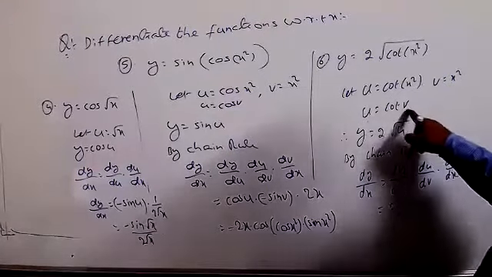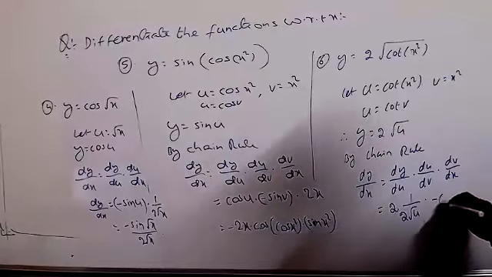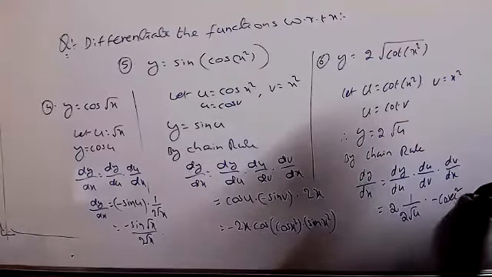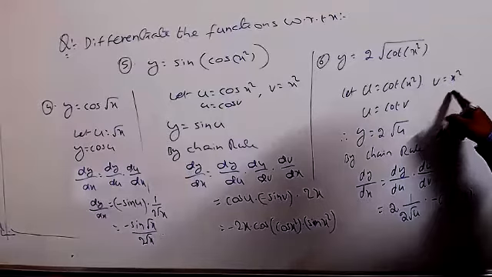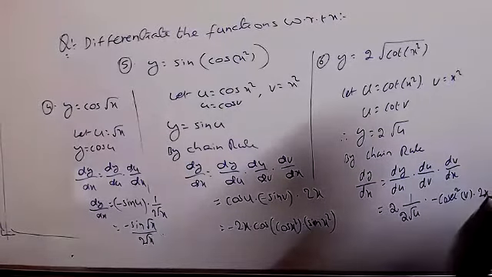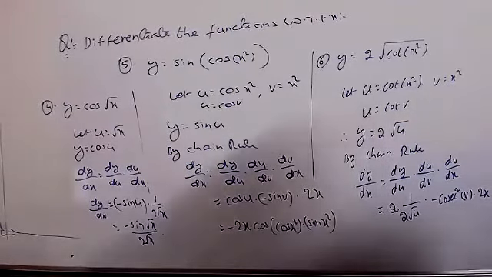The derivative of cot v is minus cosecant square v, into the derivative of x square, which is 2x. Here the 2 will be cancelled.